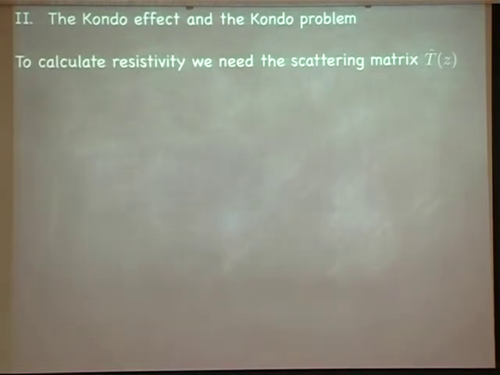That's the object you need to study resistivity in a solid. The T matrix is basically the ingoing scattering wave function, outgoing scattering wave function times the resolvent evaluated at some omega plus i delta times the scattering potential.